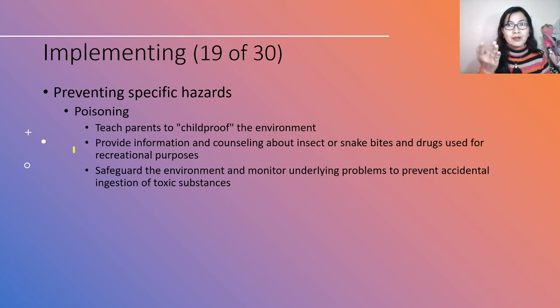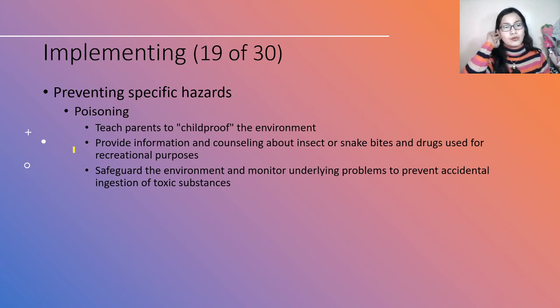So for example, if the child touched his hand with this mosquito repellent and unknowingly ingested it, okay, or put his hand into his mouth, then what will happen? Is there a possibility of poisoning?